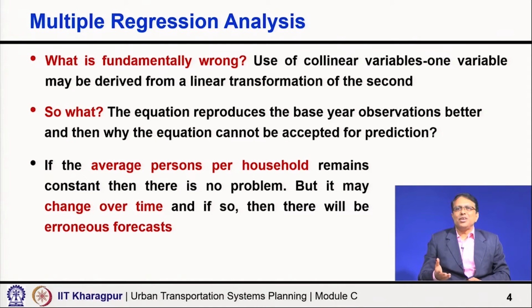In many cases we may not be able to understand what constant or relationship is getting built inside. So, one thing is a must: you must check if there is collinearity, and you must not include collinear variables as independent variables in the same model. This is the reason why you should not do it.